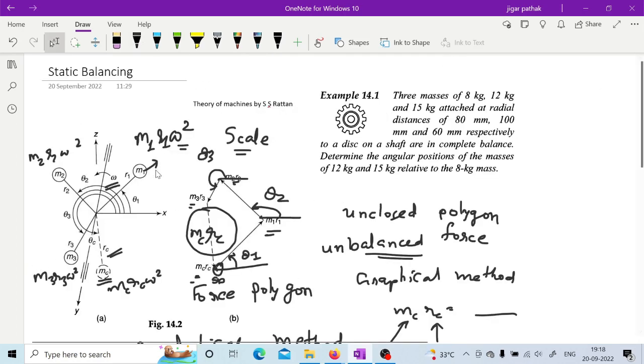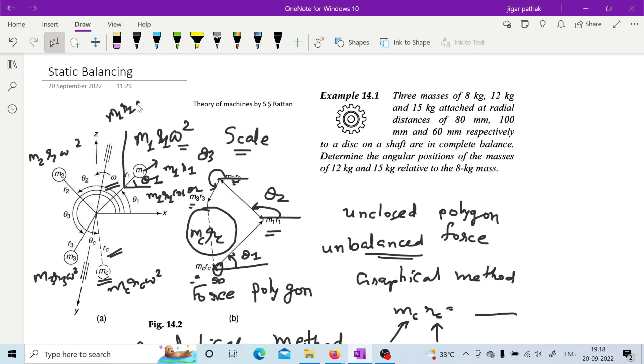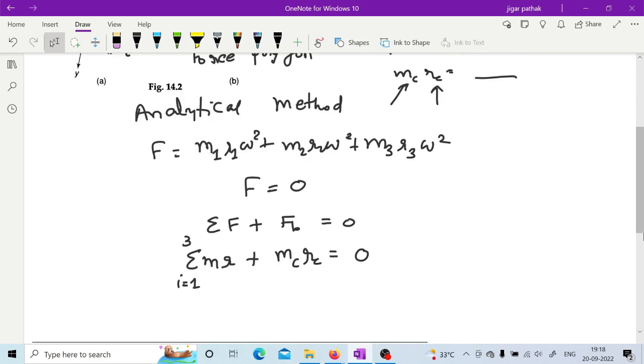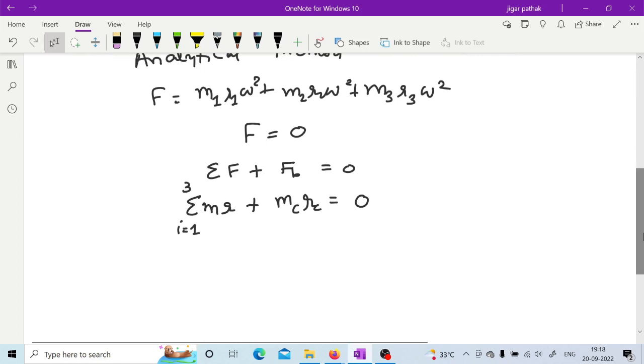This m1 r1 is acting in this direction, making an angle of theta 1 with the x-axis. So the component along the x-axis will be m1 r1 cos theta 1, and the component along the y-axis will be m1 r1 sin theta 1. Similarly for mass 2 and mass 3, the components will be m2 r2 cos theta 2 and m2 r2 sin theta 2, like that.